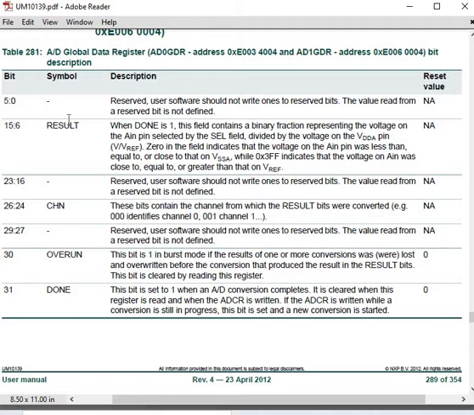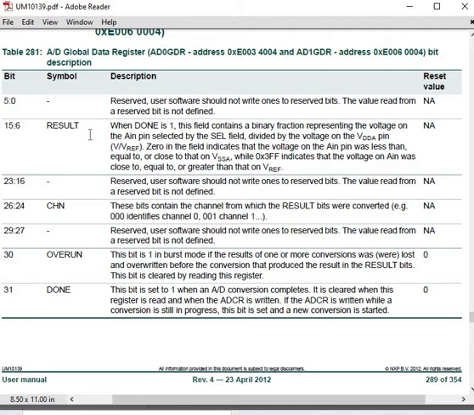The only difference when we compare the analog to digital global data register and the ADDR channel data registers is that it has the CHN bits. The symbol is CHN, bits 24, 25, and 26. These 3 bits contain the channel from which the result bits were converted.